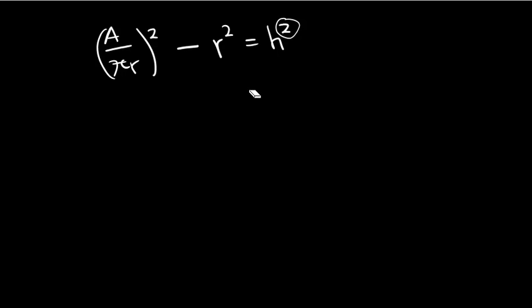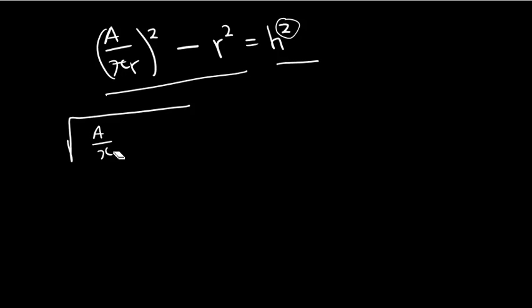In that case, you take the whole of this side, you take square root of that, then you take this side, so you take square root of that. So you are going to have the square root of A over pi r all squared minus r squared is equal to the square root of h squared.